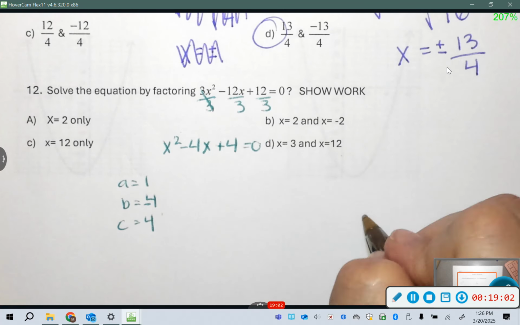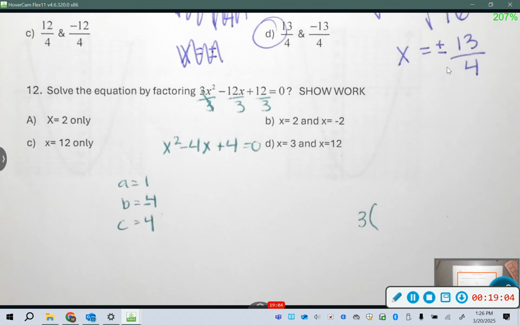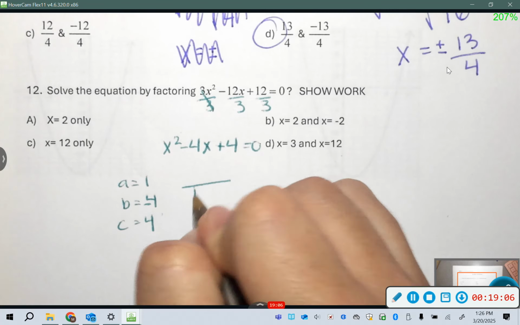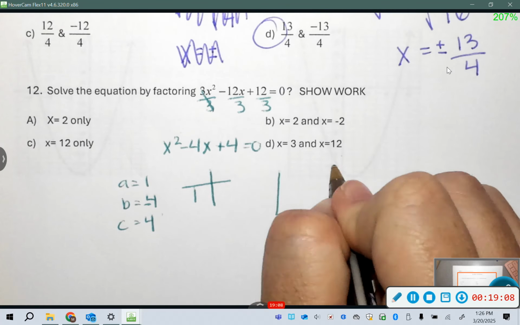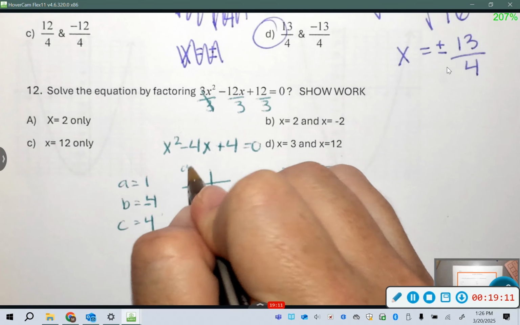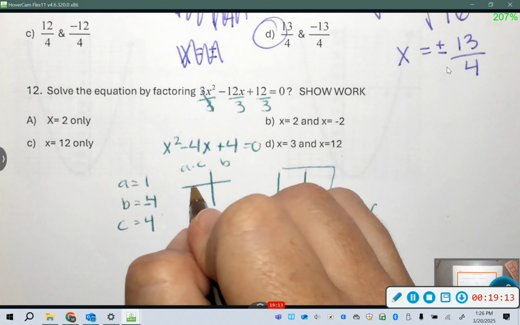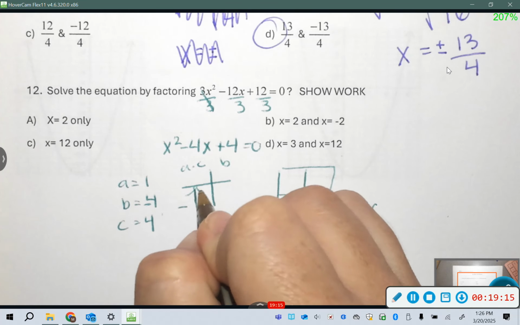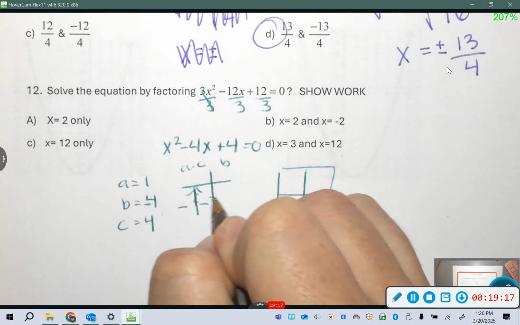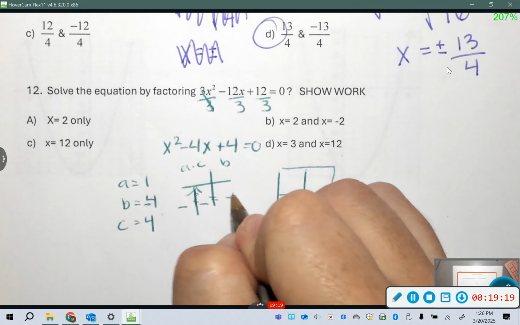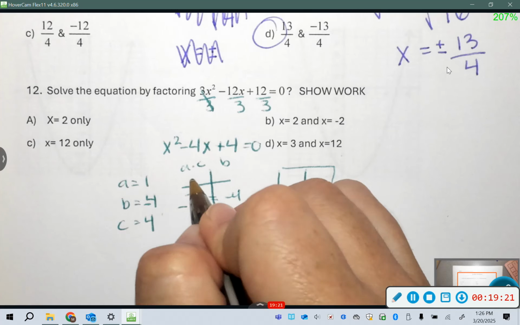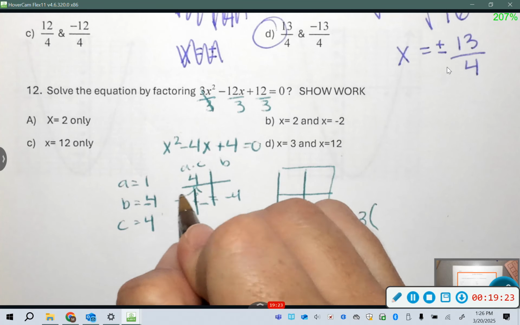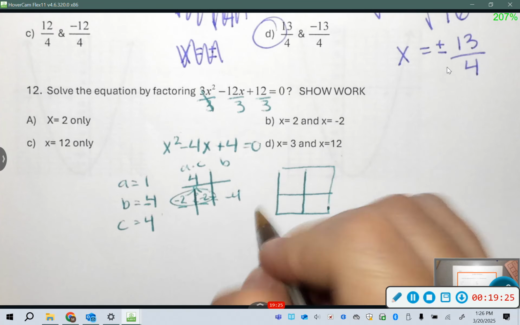And I'm going to write my 3 down here like we're supposed to. Build my table. Build my box. A times C, B. I'm looking for what multiplies to give me that and adds to give me that. So B is -4. A times C is 4. And so it's going to be -2, -2.